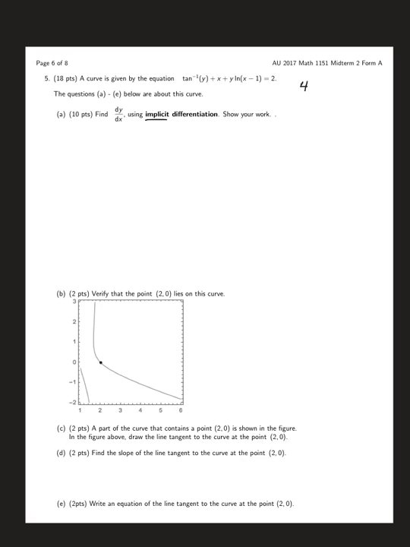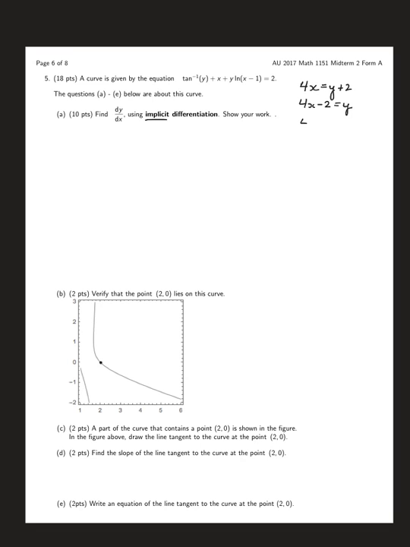For example, if we had 4x equals y plus 2, we do not need to do this implicitly, because we can get y by itself isolated explicitly alone.